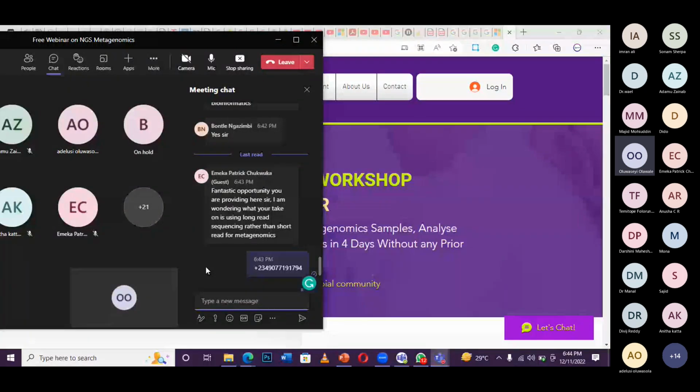The difference is that long read enables you to cover more range, such that you may have more genes than with short read. These are the advantages, the covering area. Because the longer the fragmented sequence is, the more genes you discover, the more proteins you discover. I hope that is clear, Emeka.